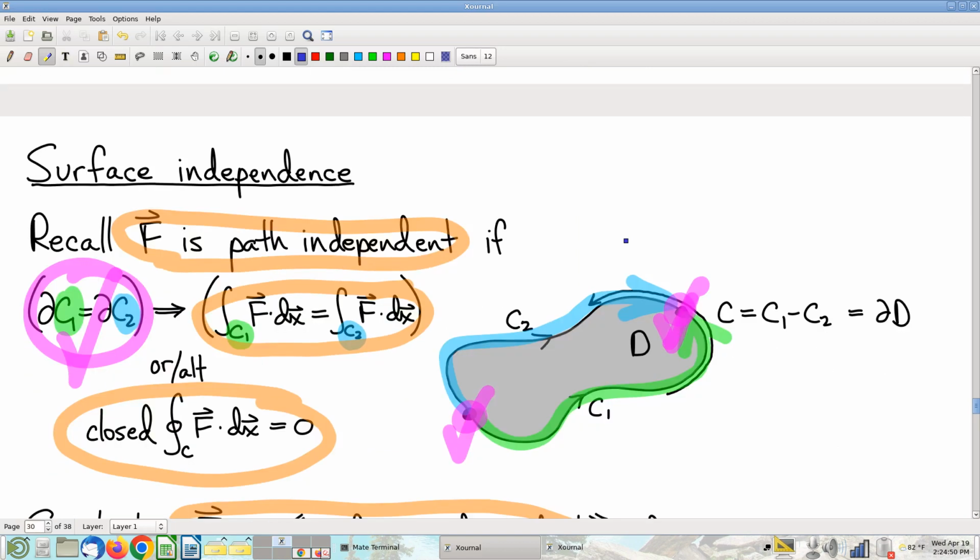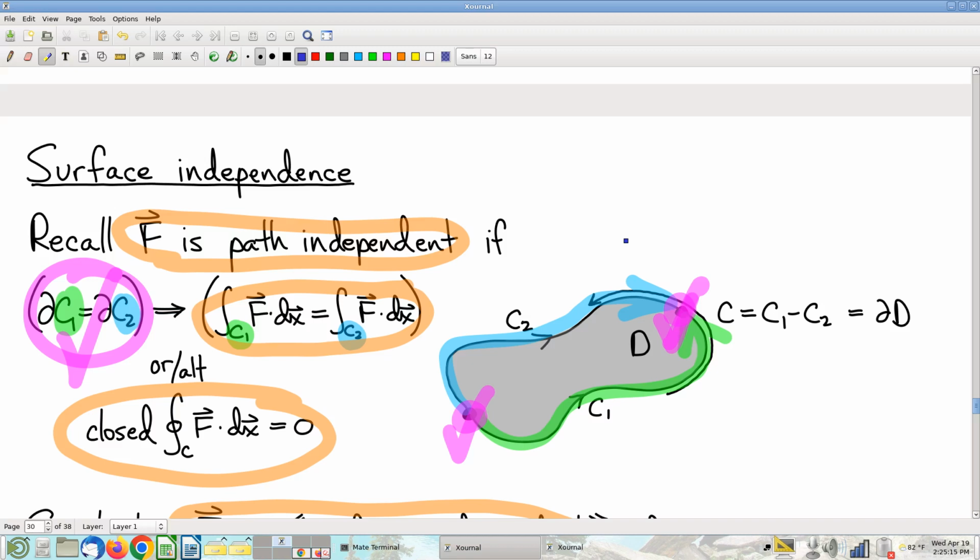Let me point out that we actually had the same scenario here. You look at these two curves. Are these two curves oriented the same? Well, kind of the same in the sense that they start at the same place, they end at the same place. They're both oriented, you might say, to the right. But as part of the boundary of this D region, one of them is oriented counterclockwise, the other is oriented clockwise.